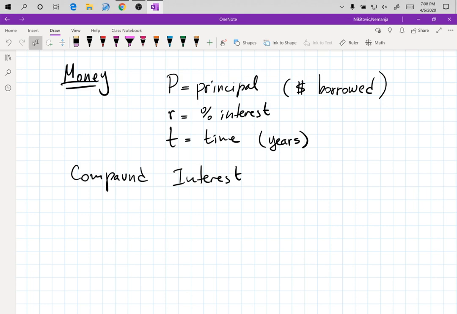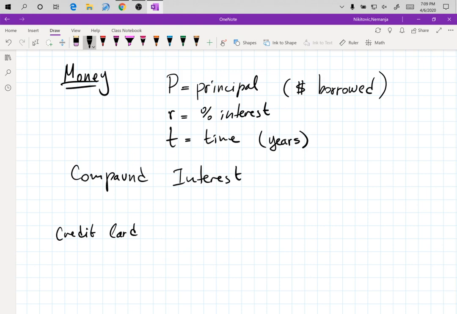So interest is a percent that we convert to decimal. So let's say that you have a credit card, and generally all the credit cards are the same.